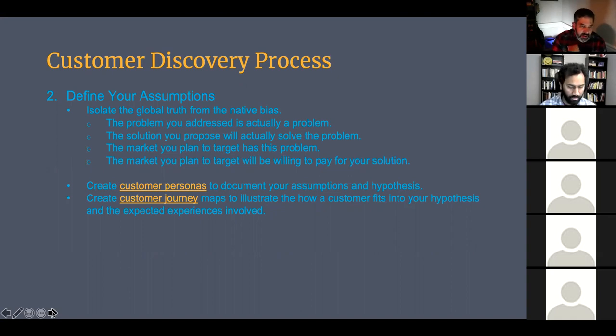I always create customer personas. We're not going to talk about that in too much detail, because there's lots of examples online, and customer journeys, also lots of examples online. So in brief terms, what I like to do is build personas. I won't use the baby one again, but let's use wound care.